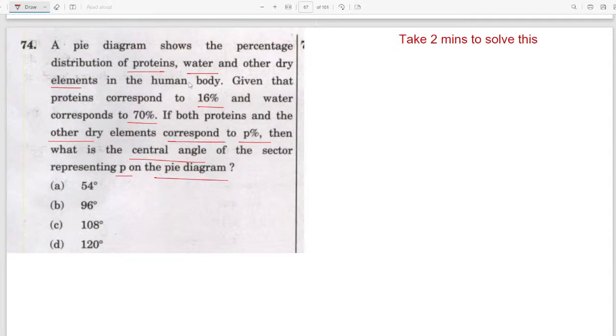So they are saying that a pie diagram shows percentage distribution of proteins, water, and other dry elements.